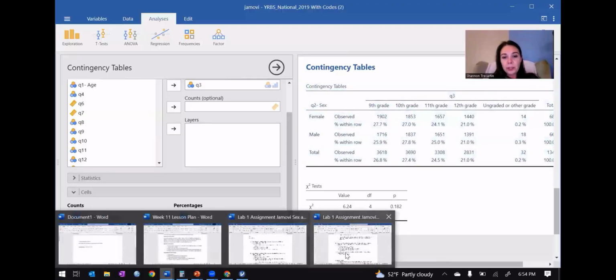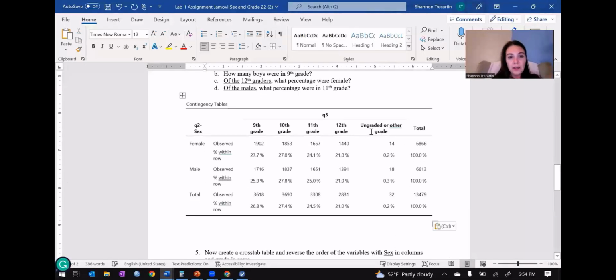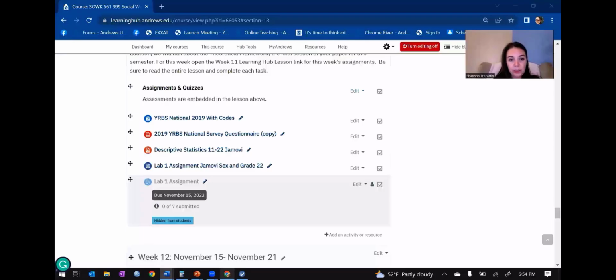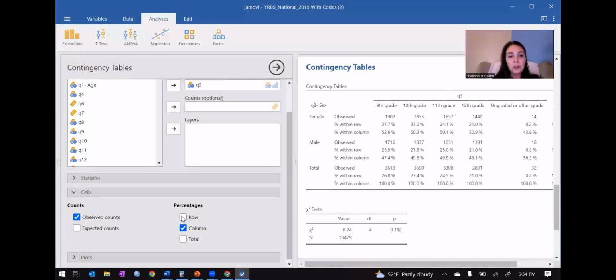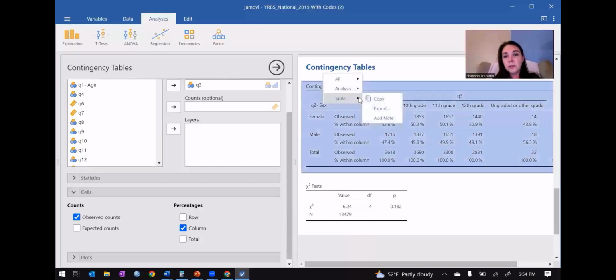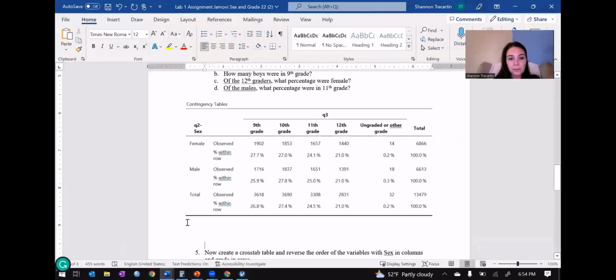And I'm going to put it in my lab 1 assignment right under question 4. And then I'm going to do the same thing for the percentages in columns, but I'm going to turn off rows now. Okay, just a moment. Copy and paste it right in there.